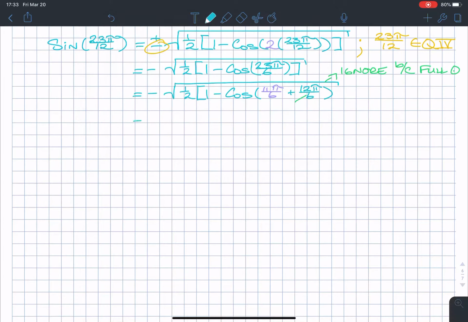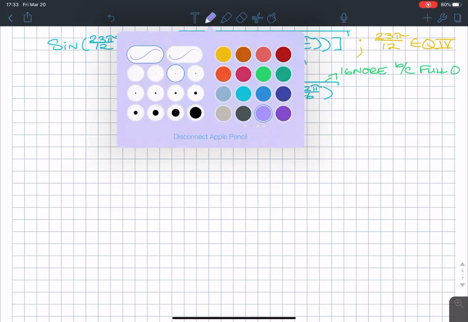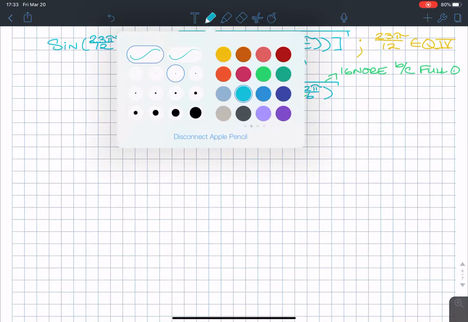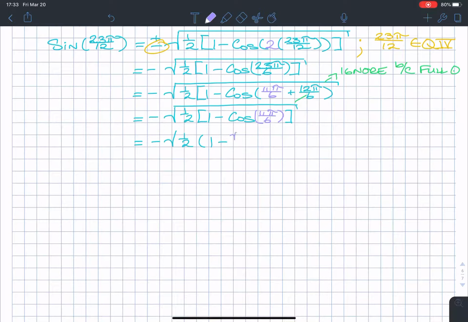So I can rewrite this as negative the square root of 1/2 the quantity, 1 minus cosine of 11 pi over 6, which is the x-coordinate in quadrant 4 of the 30-degree reference angle. So that's going to be minus the square root of 1/2 the quantity, 1 minus, so that's going to be square root of 3 over 2.